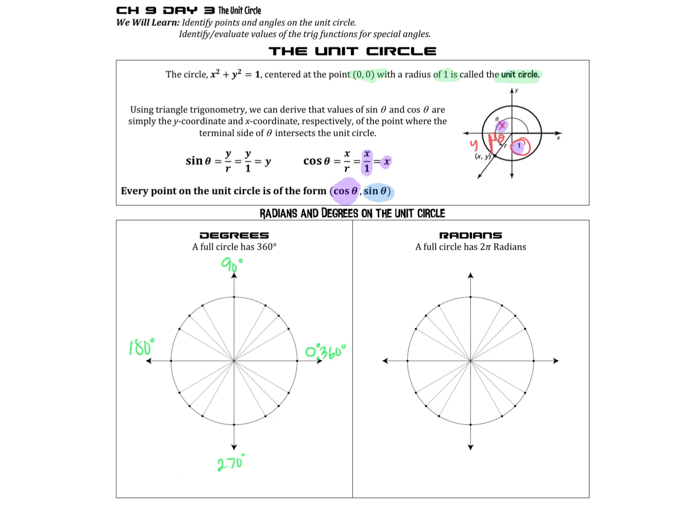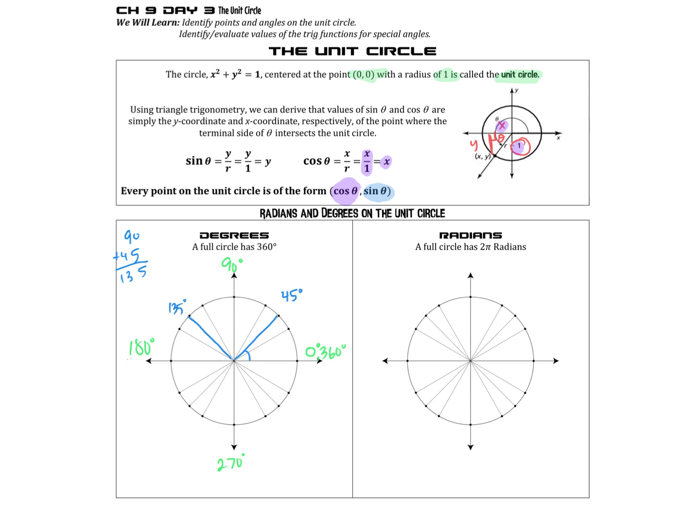But what happens if we break each of those angles in half? So halfway, this angle here would be halfway between 0 and 90 degrees, which is 45 degrees. Halfway between 90 and 180 would be 45 more degrees. So if I'm at 90 degrees and I add 45 more, this angle is going to be 135 degrees.